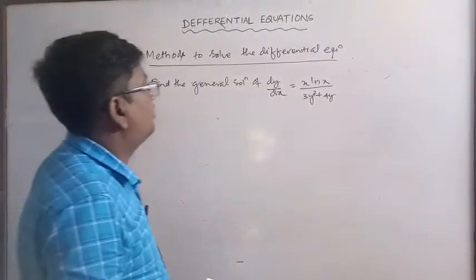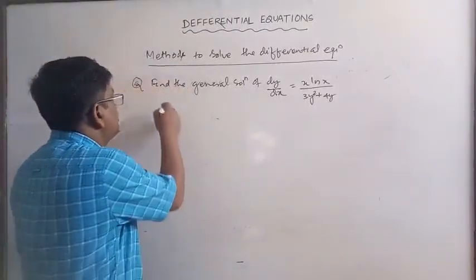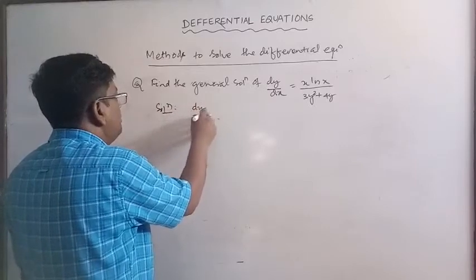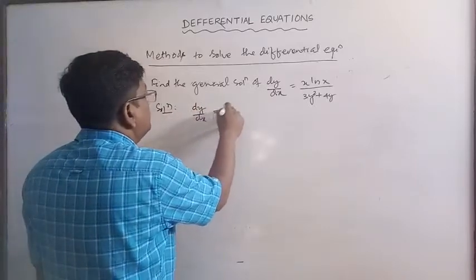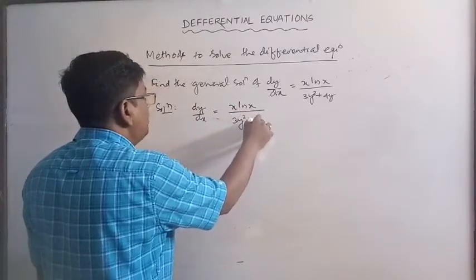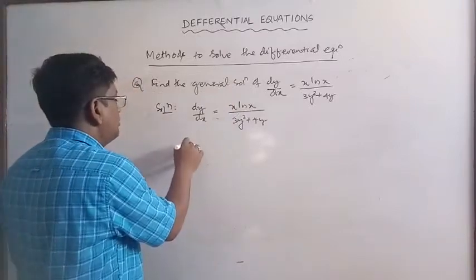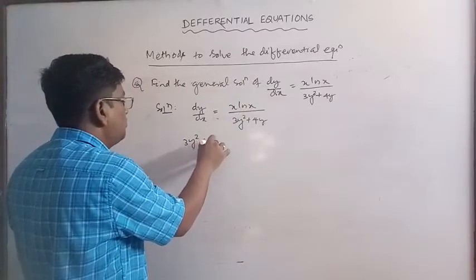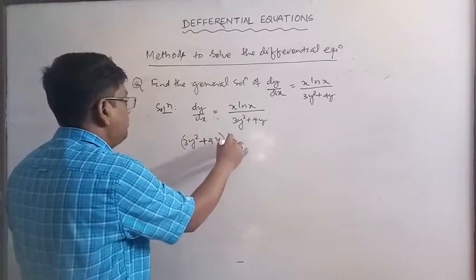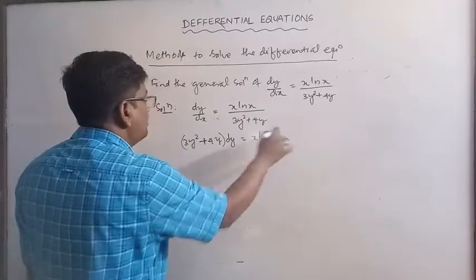Now one more question. Find the general solution of dy by dx is equal to x into log x by 3y square plus 4y. Now use the variable separation method. So (3y square plus 4y) into dy is equal to x into ln x into dx.